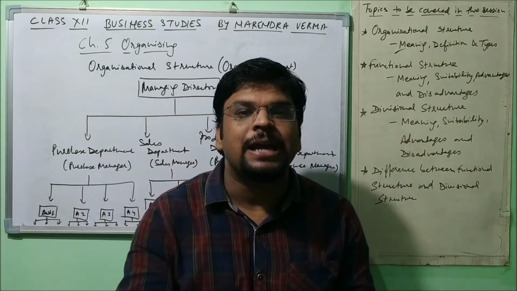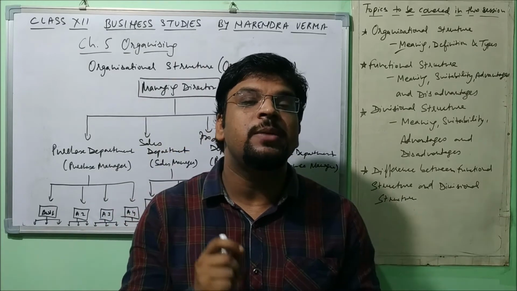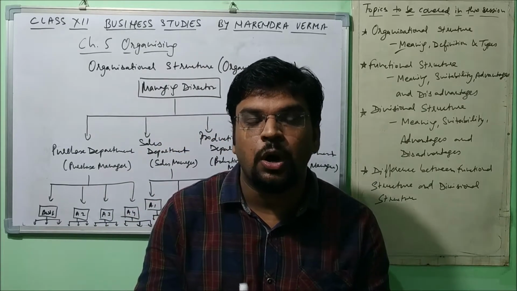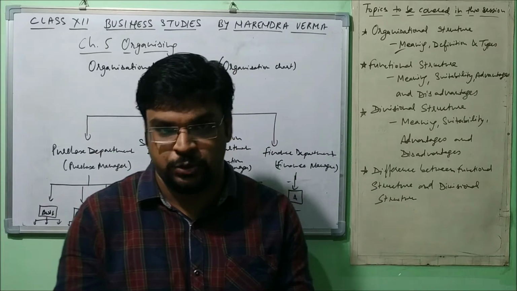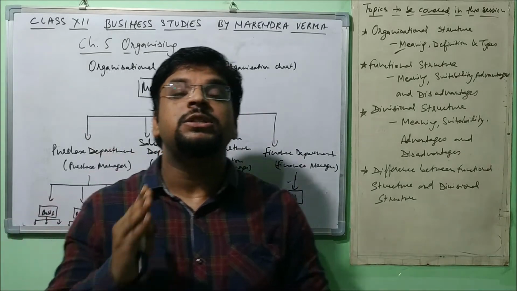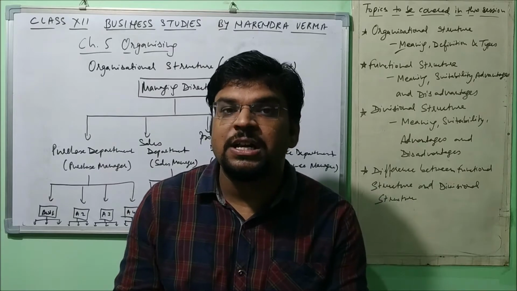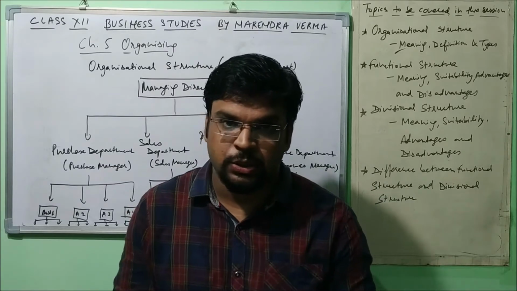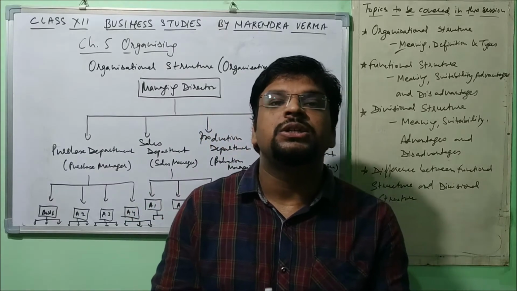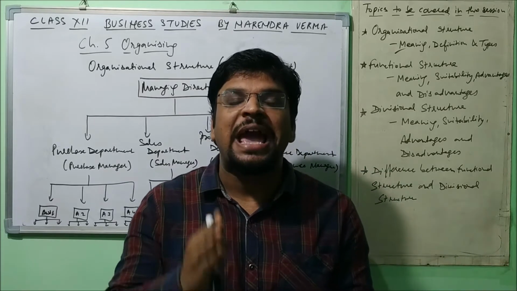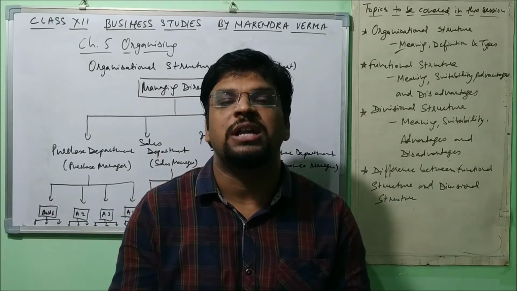All right, and as I told you, it denotes the pattern of the relationships of positions and jobs, right? Okay, it provides basis for human, other physical resources and financial resources. Okay, only then the coordination and control can be established in the organization.